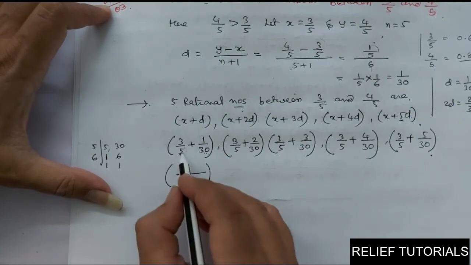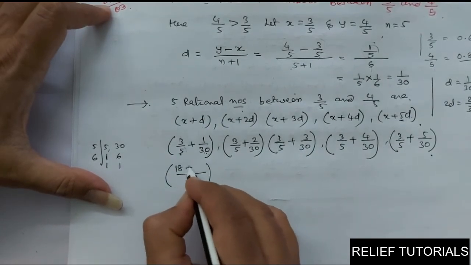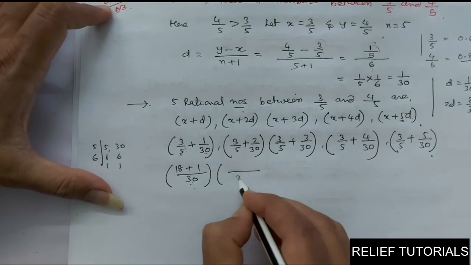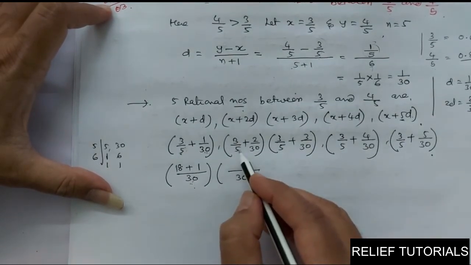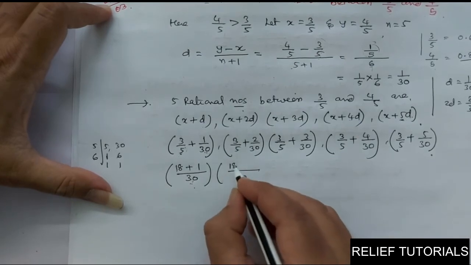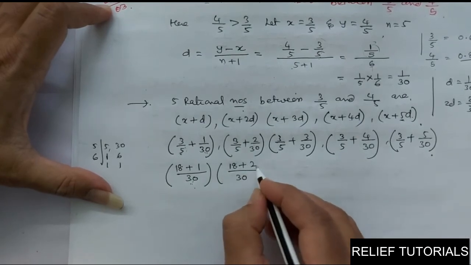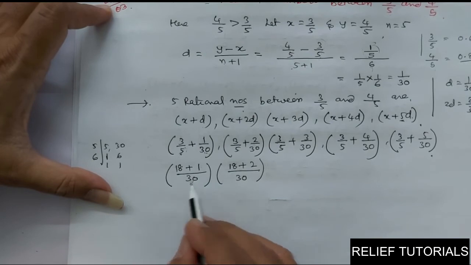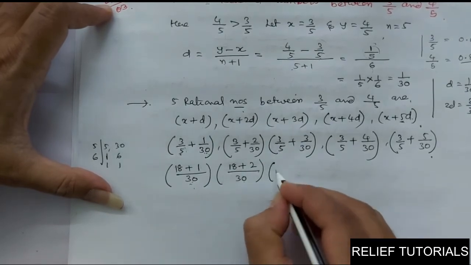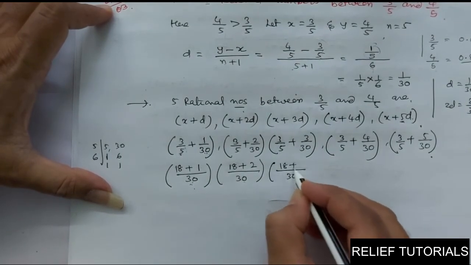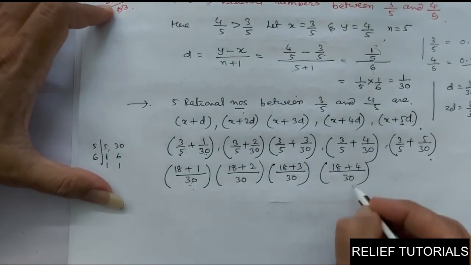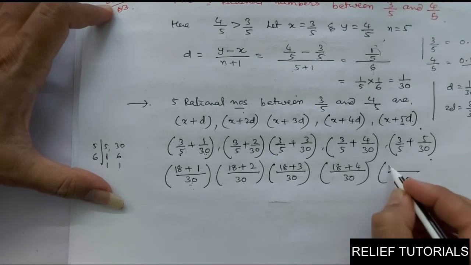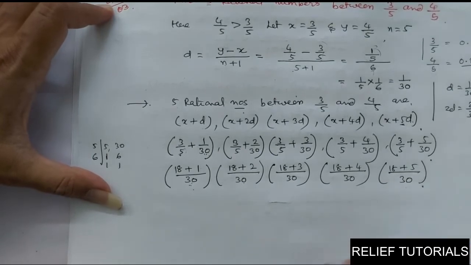Now 5 times 6 is 30, 6 into 3 is 18. So I can write 18 plus 1. Here also LCM is 30. So 5 times 6 is 30, 6 threes are 18. Always you will get 18, just here you have to write 2. See, 18 plus 1 upon 30, 18 plus 2 upon 30, 18 plus 3 upon 30, 18 plus 4 upon 30, and 18 plus 5 upon 30.